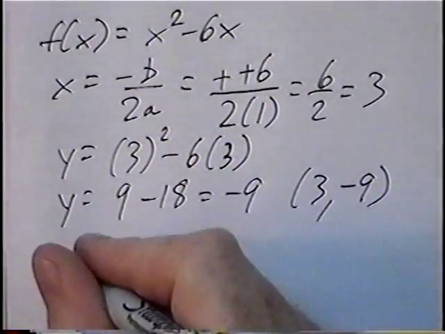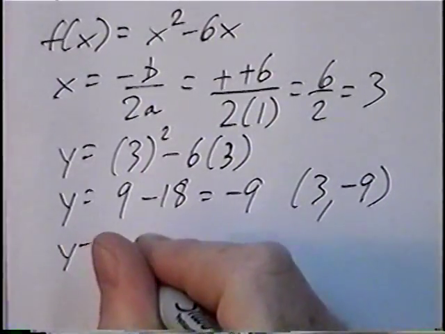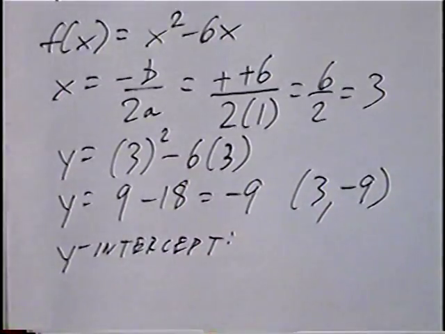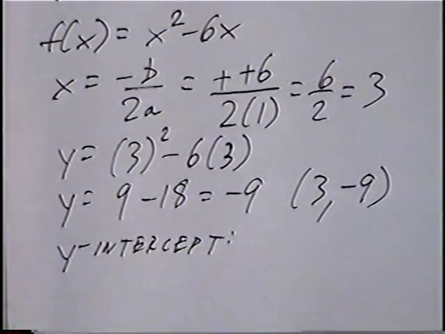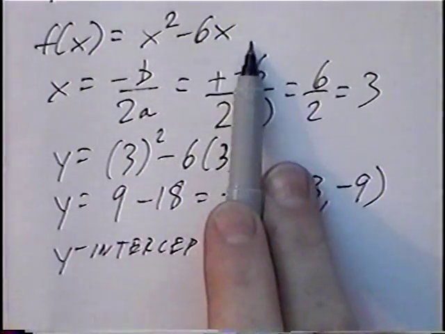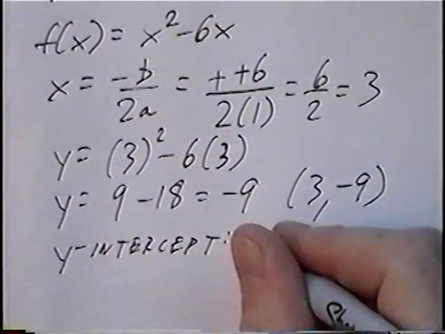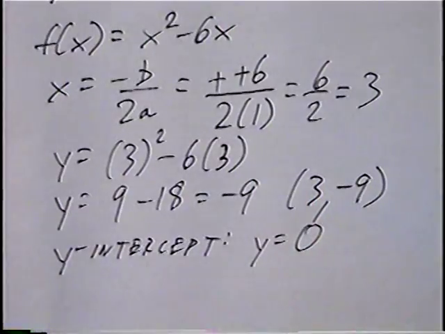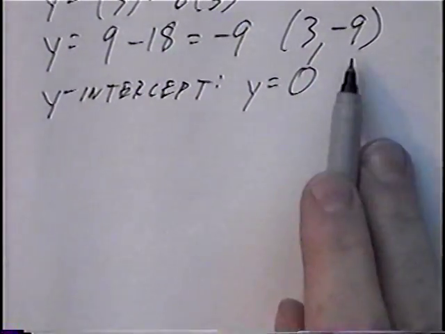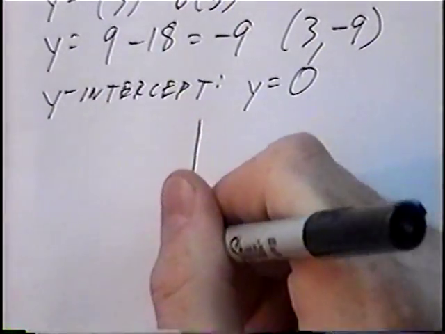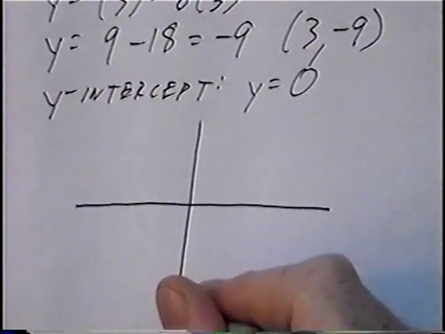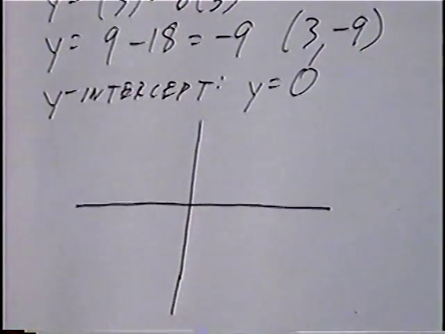We can also find the y-intercept. The y-intercept, if you remember, is equal to the value of c. The value of c is the last number on the equation. If there is no number, the y value would be 0. Using the vertex and the y-intercept, we can graph. The vertex is at 3, negative 9.